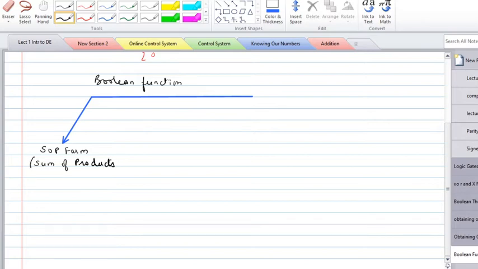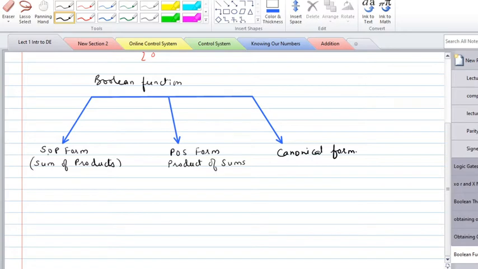Second can be POS form, that is product of sum. And the third can be a canonical form.